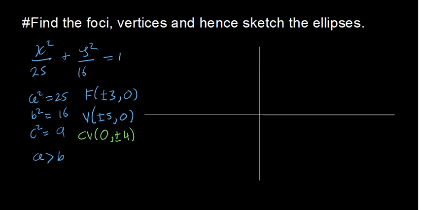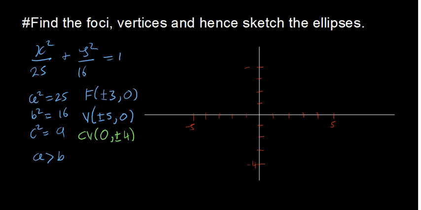Okay, for the vertices, we have one at negative 5 and another one at positive 5. So let's say you have 1, 2, 3, 4, 5, which is negative there. Then we have another 1, 2, 3, 4, 5. So I have 5 here, I have negative 5. Then for the co-vertices, I have 1, 2, 3, 4, negative 1, negative 2, negative 3, negative 4 here.